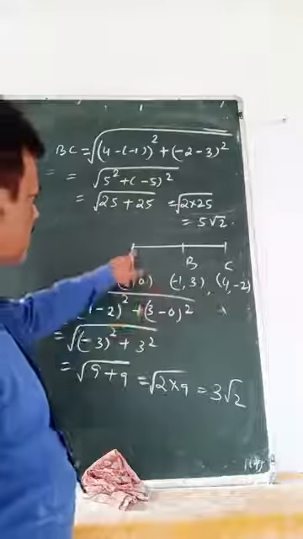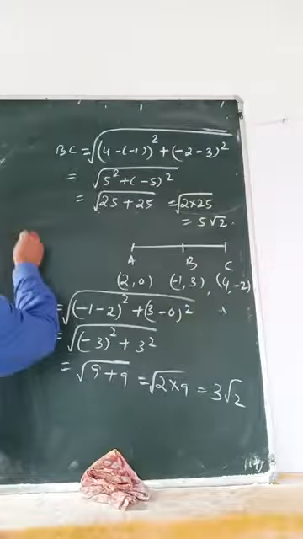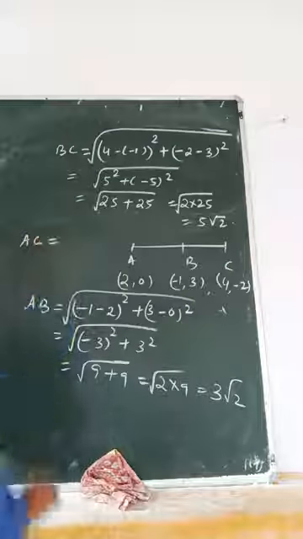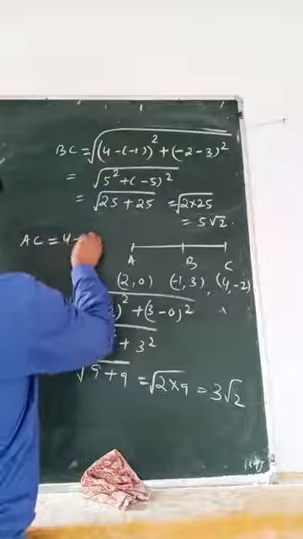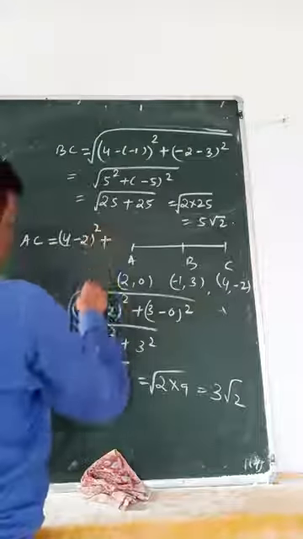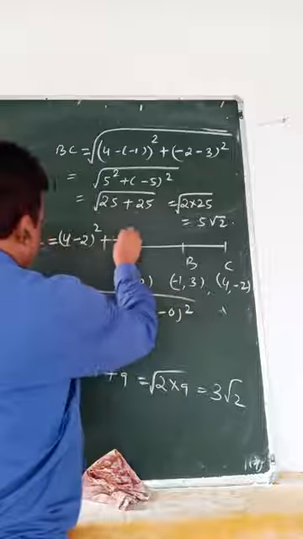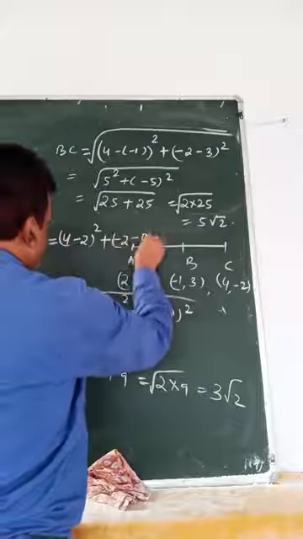Now AC, you find out what is AC. Root over (4 minus 2) whole square plus (-2 minus 0) whole square.